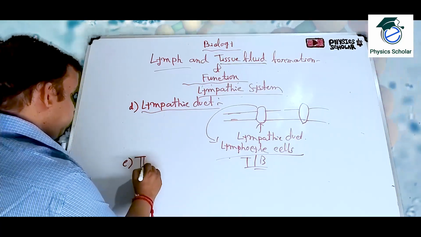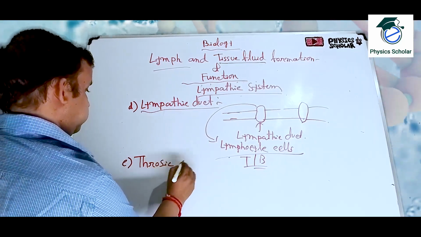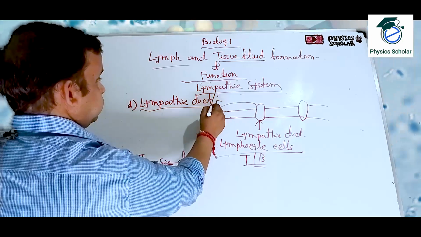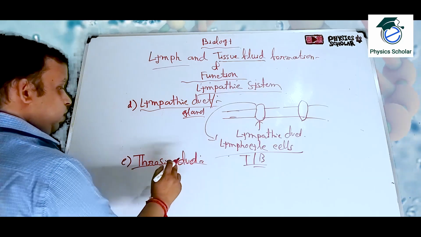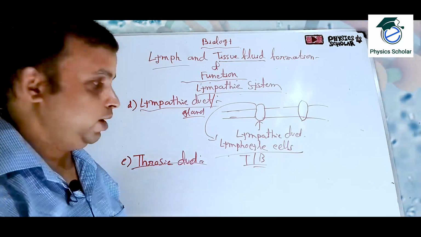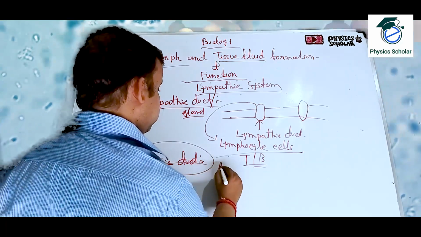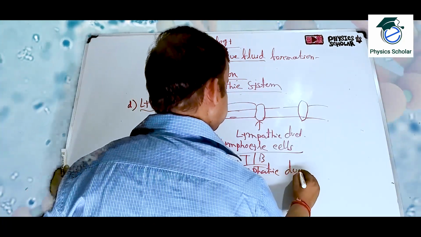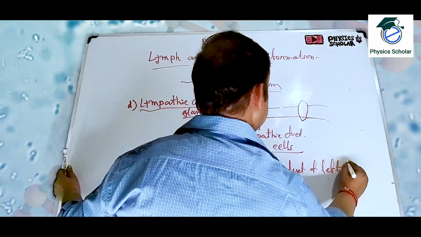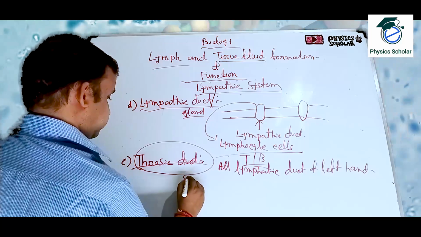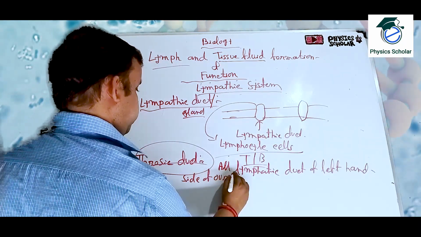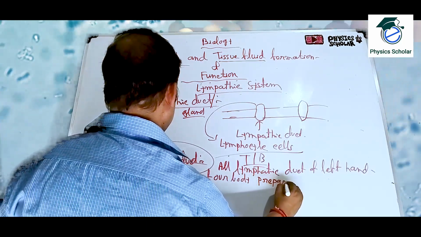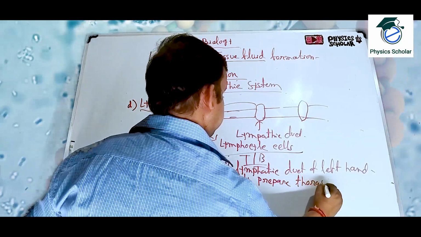So next one is thoracic duct. All the lymphatic ducts or glands from the upper left hand side of our body, so all lymph ducts of the left hand side of our body, prepare the thoracic duct.